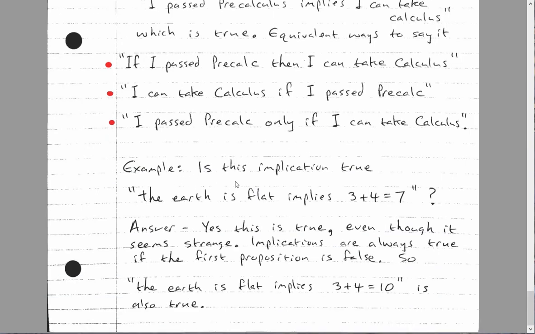And one last example. Is this implication true? The Earth is flat implies 3 plus 4 equals 7.